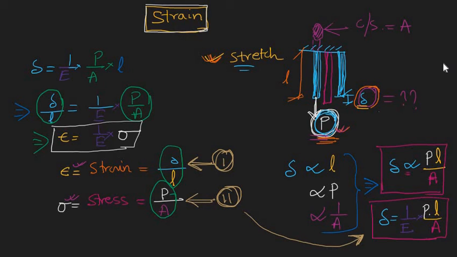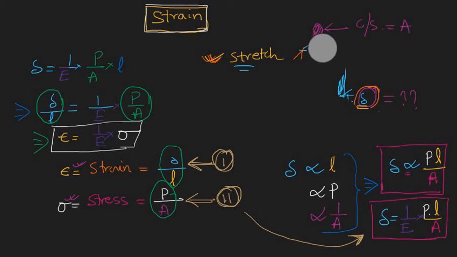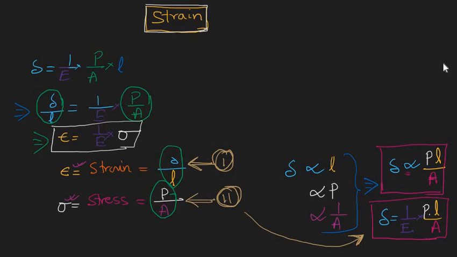And not only that, here you can see that your strain is proportional with stress, or your stress is proportional with your strain, and that is known as Hooke's formula. What is Hooke's formula?